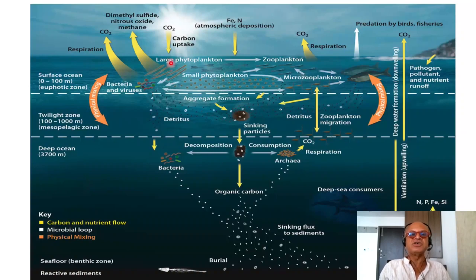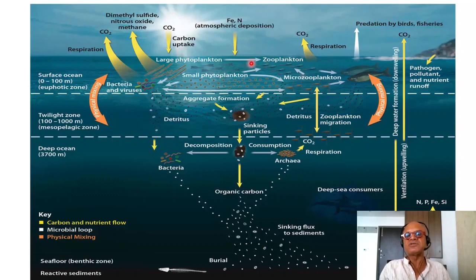But if you look at it in general, you have CO2 uptake that we talked about. There is photosynthesis happening and phytoplankton are being produced. Let's say large phytoplankton, small phytoplankton. So that's carbon uptake that we looked at before. We said 90 gigaton carbon going in and 90 gigaton carbon coming out, with a small difference that amounts to a net uptake or outgassing.